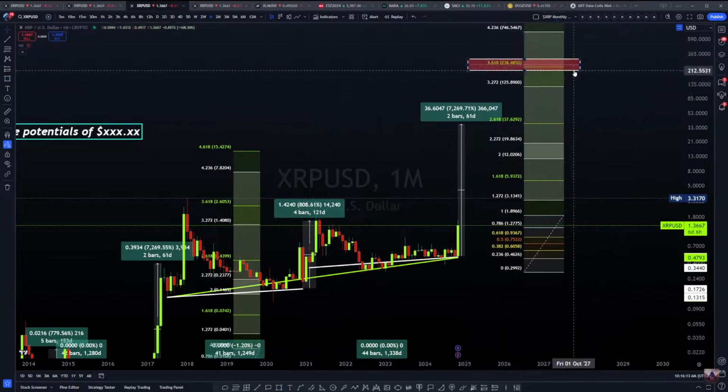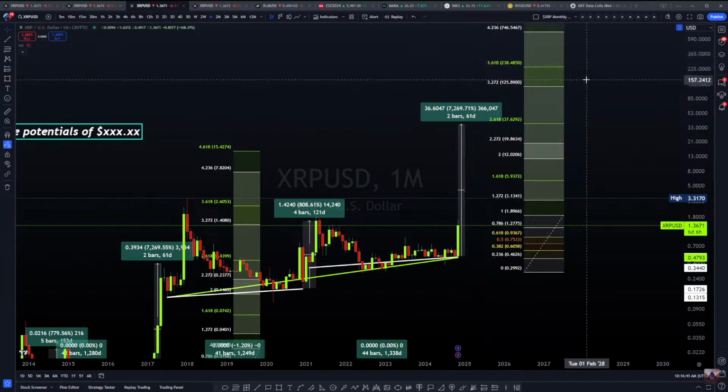History rhymes. I'm not setting the numbers there. I'm saying how things tend to work. There's a potential valuation of XRP that can, for some weird reason, I have no idea why, but I'm catching a $238.48. I will not speak that target in the video.